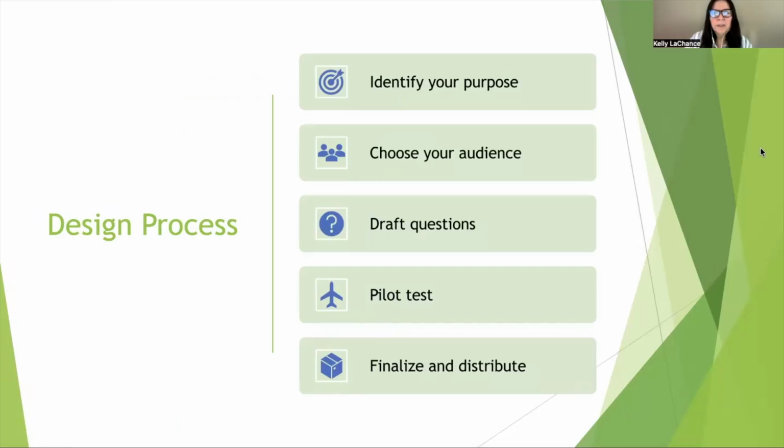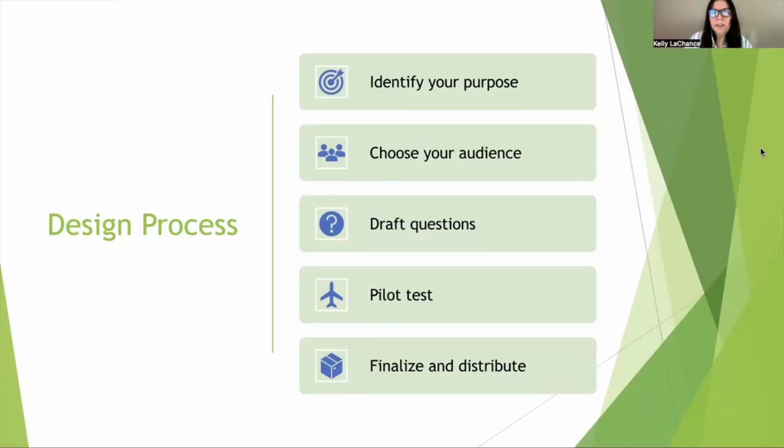So let's talk a little bit about the design process. What you will need to start off with first is to identify your purpose: why you are designing this survey, what is it going to be used for, and then also choose your audience. Most likely it will go to your community and folks from whom you are seeking information.